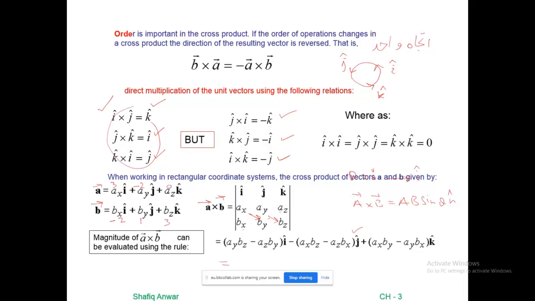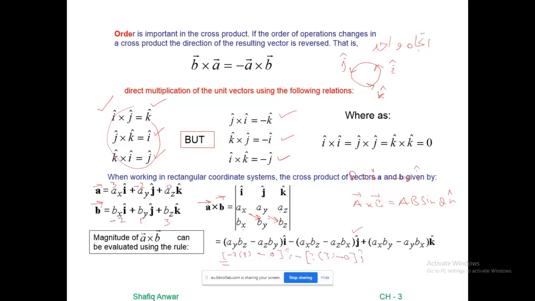For example, ay is -2 multiplied by bz. bz is 3 minus az. az is 0, so it will be 0. So this is i. And minus ax, how much? 3, multiplied by bz, 3, minus az bx. az is 0, so it will be 0, of course. So this is j.